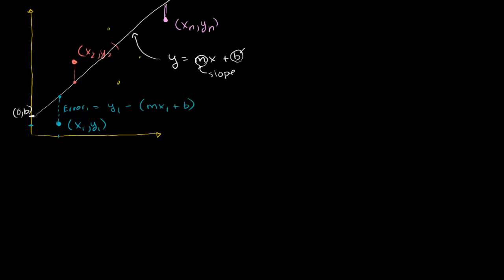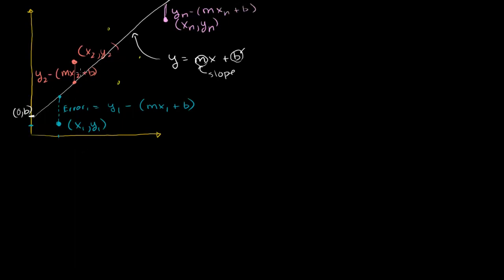We can keep doing it with all of the points. This error right over here is going to be y2 minus (mx2 plus b). It's y2, and then this point right here is mx2 plus b, the value when you take x2 into this line. And then we keep going all the way to our nth point. This error right here is going to be yn minus (mxn plus b).